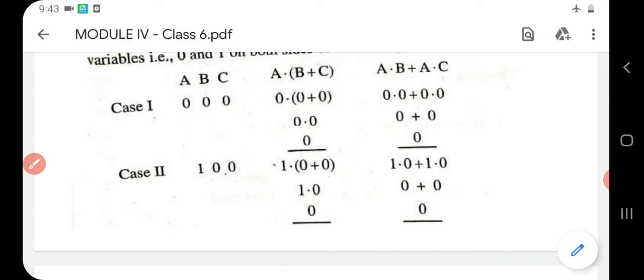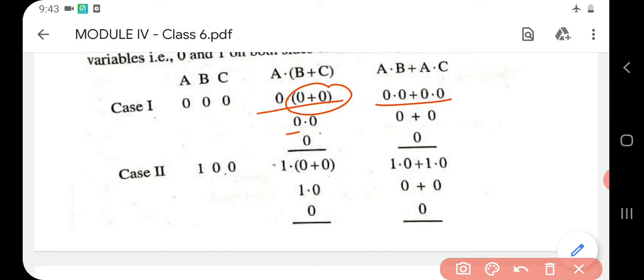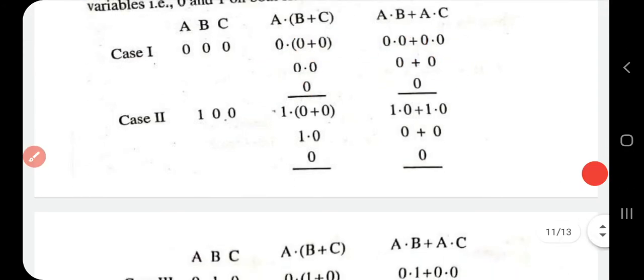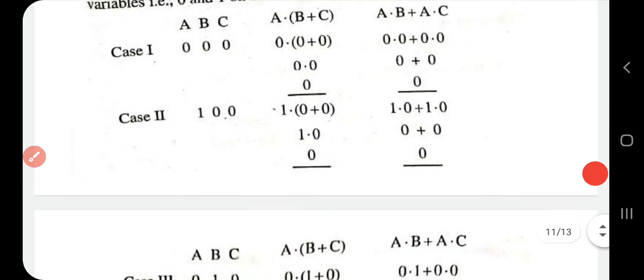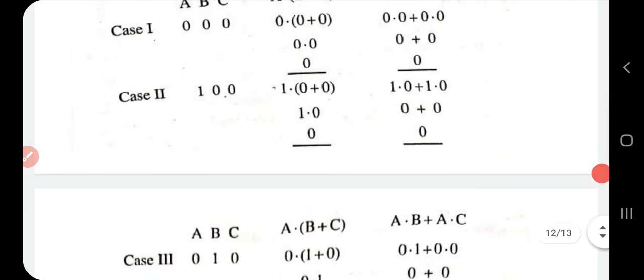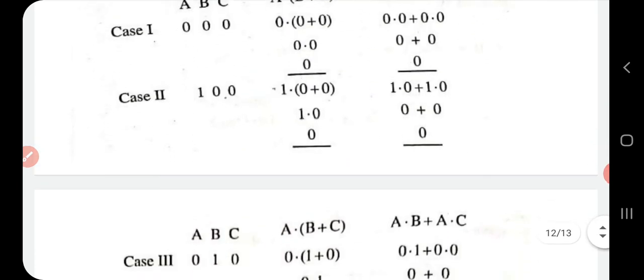We are giving the values of A, B and C as 0. Now substitute the values for each. 0 plus 0, 0. Then again 0 dot 0, 0. Here 0 dot 0, 0. 0 dot 0, 0. So 0 plus 0, 0. And similarly you are using different values. A is taken as 1, B and C are kept as 0.